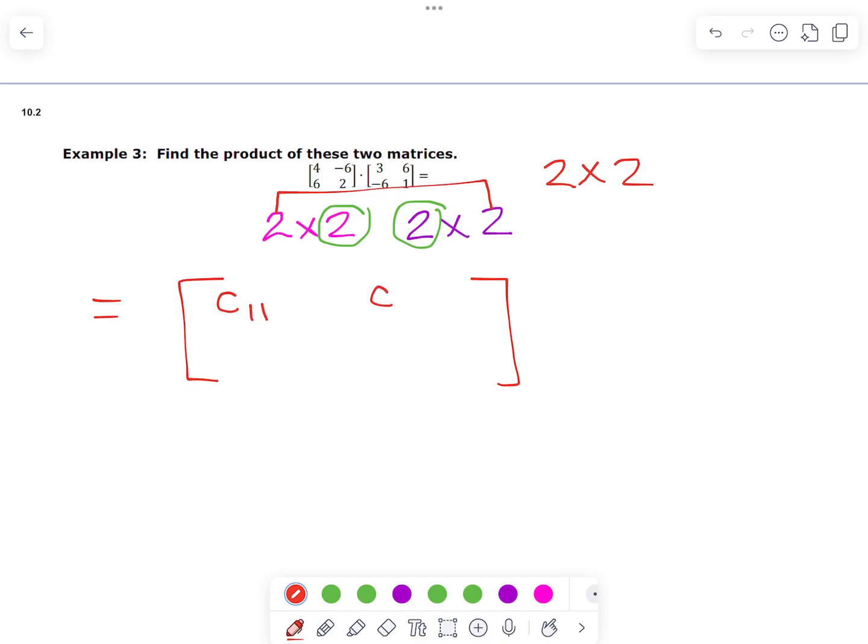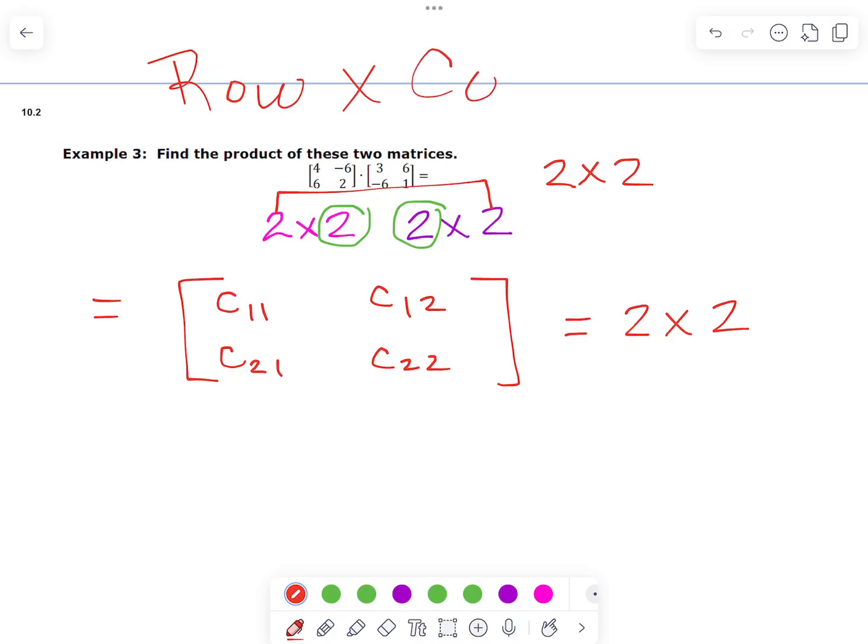So we're going to have a matrix that looks like this: C11, C12, C21, C22. Again, this is a 2 by 2 matrix. So we're going to multiply each of the rows by the columns to figure out the value of each of these elements.